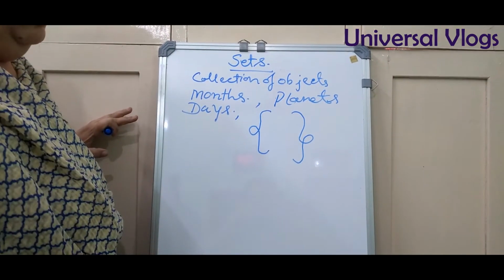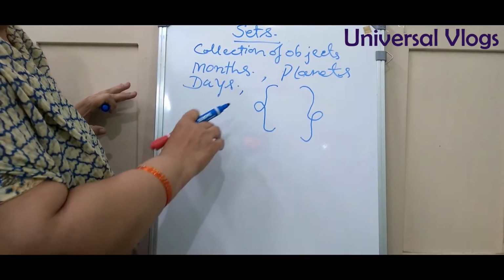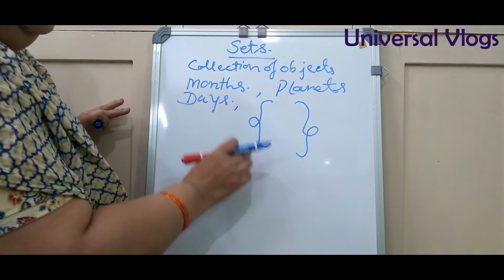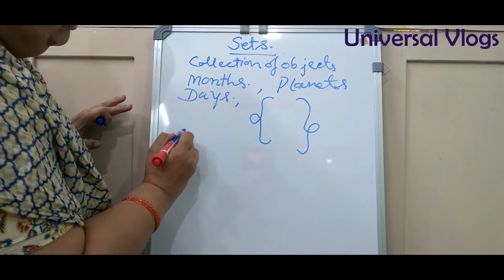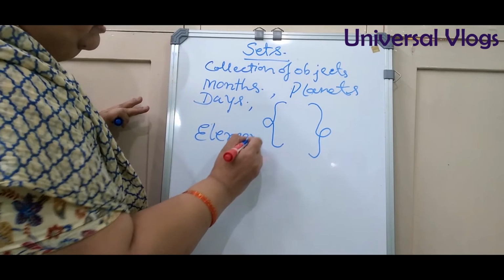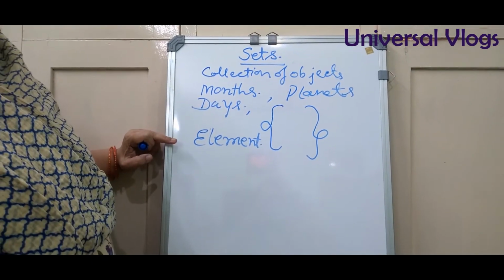Always the particular objects we are mentioning are inside the flower brackets, and each object in a set is called an element.